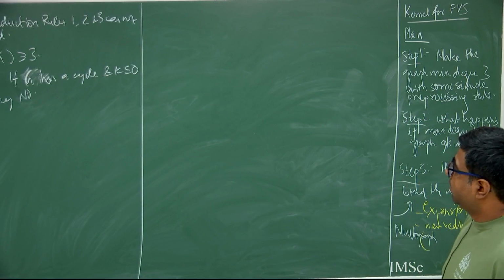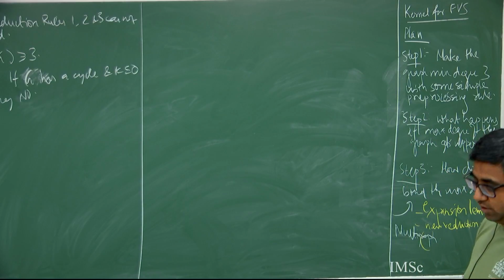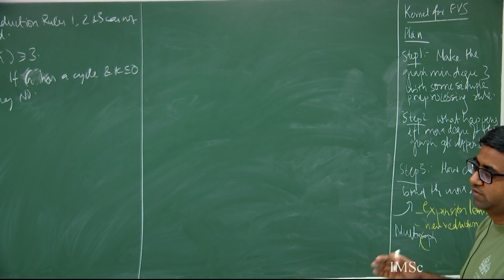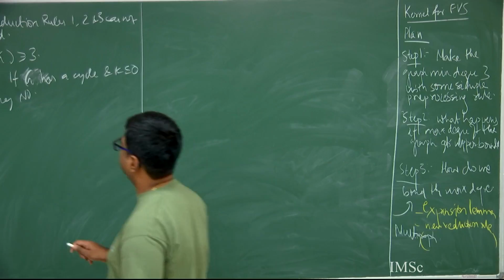But now the graph has minimum degree 3. That is what we have been able to achieve by applying these 3 simple reduction rules.